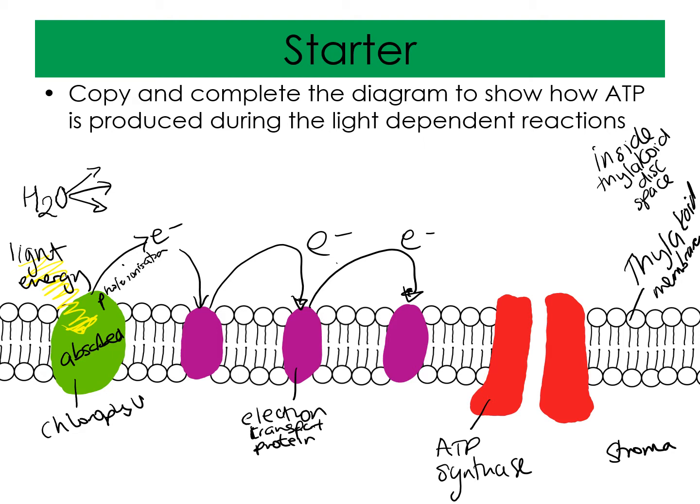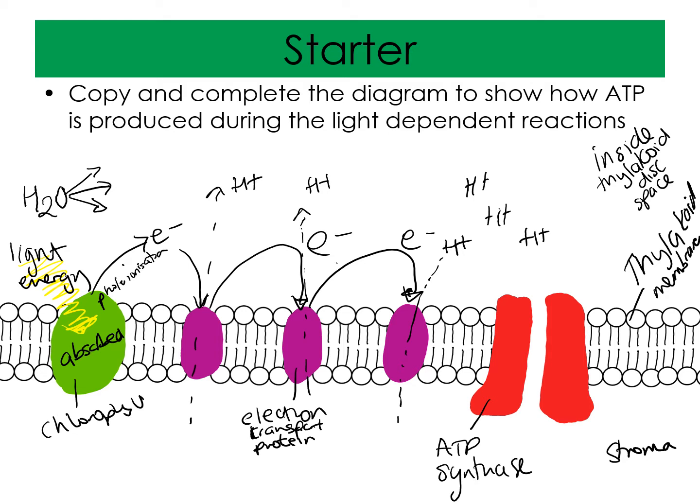So as the electrons move down the electron transport chain, they move down energy levels, okay, and that energy is actually utilised to pump protons across the thylakoid membrane into the thylakoid disc space. So we get a build-up of protons inside the disc. Okay.